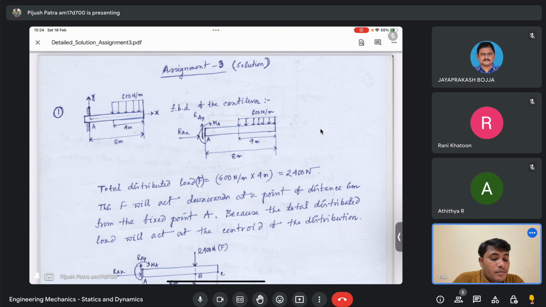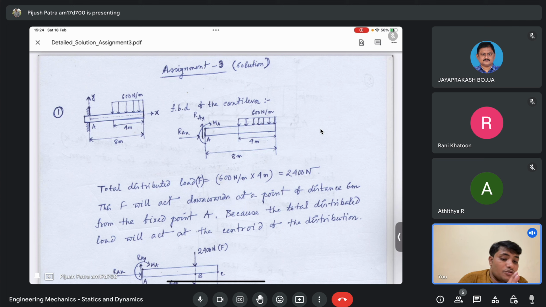Okay, you can easily solve the problem, there is nothing to worry. So is this problem clear to everyone? If you have any doubt, you can tell me.